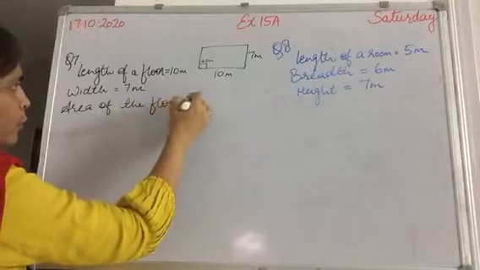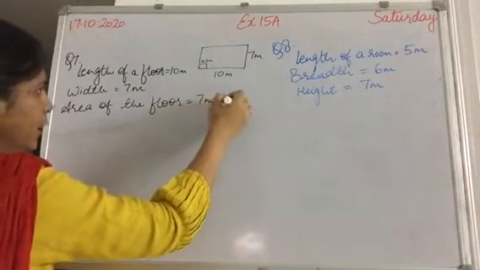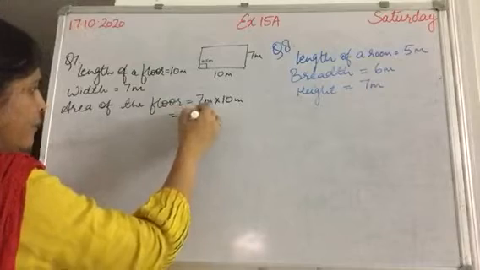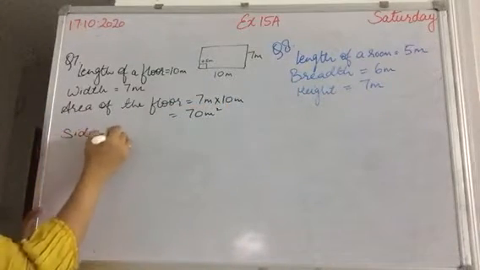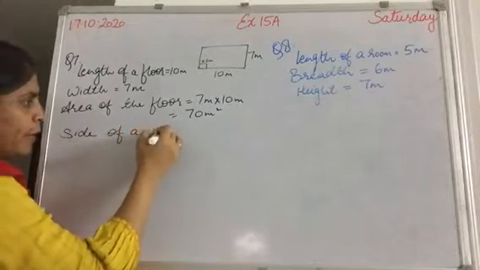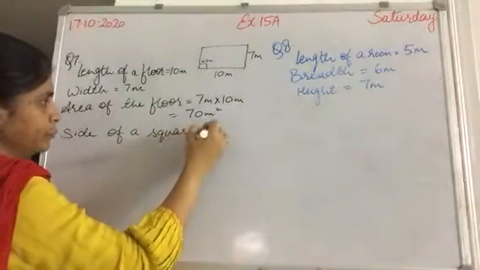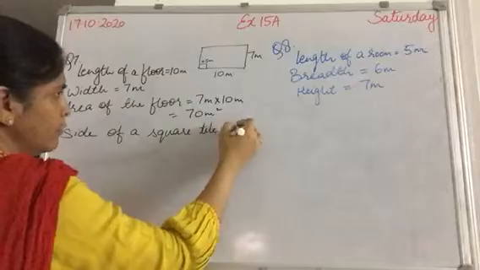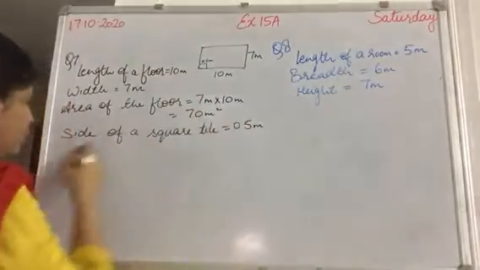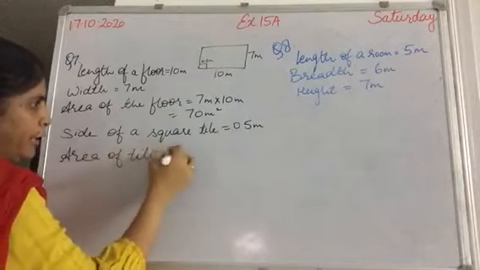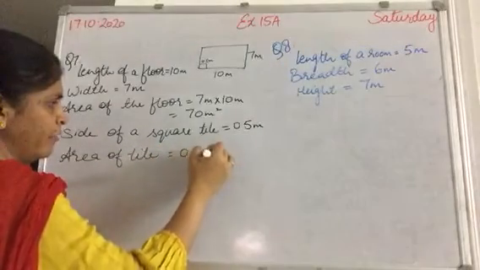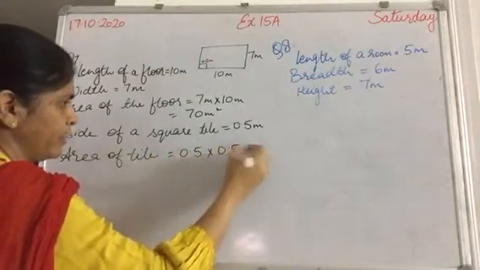Now area of the floor is 7 meter into 10 meter, that will be 70 meter square. Now side of a square tile, that is 0.5 meter. So area of a tile is 0.5 into 0.5 meter.